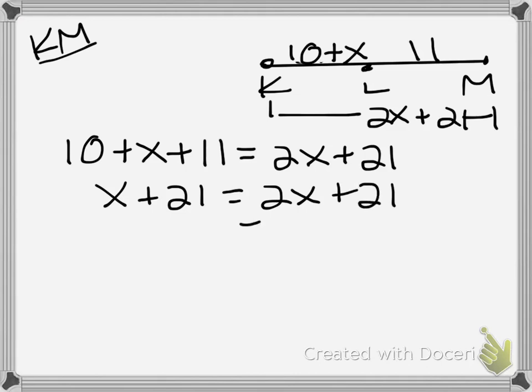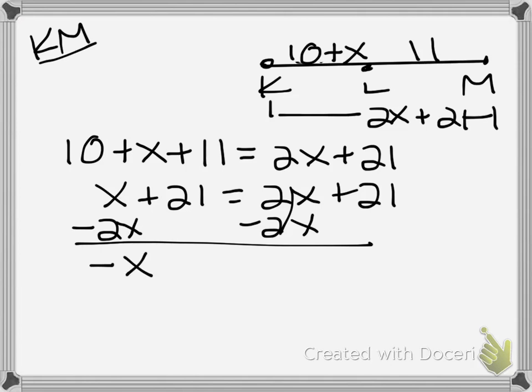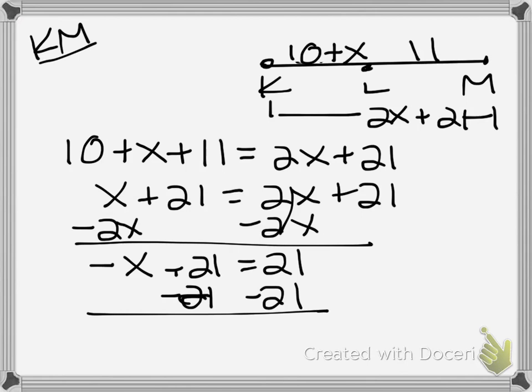We're going to subtract our 2x from both sides. We get a negative x, or negative 1x, plus 21 equals 21. We're going to subtract our 21 from both sides. We end up with a negative x equals negative 21.